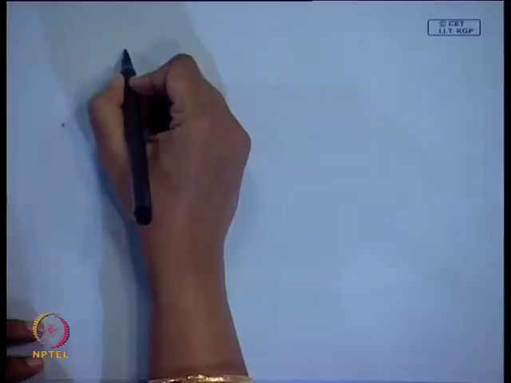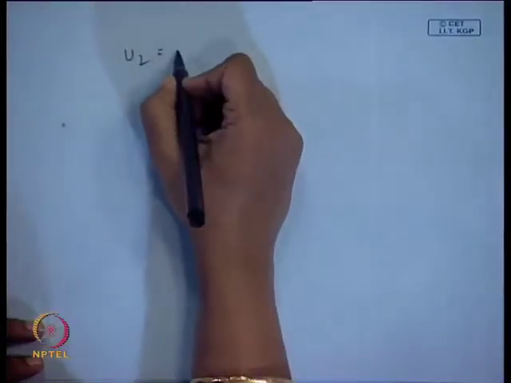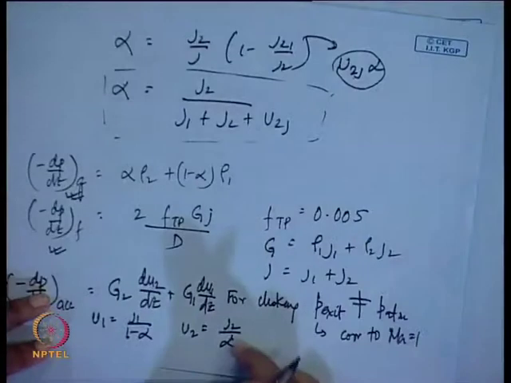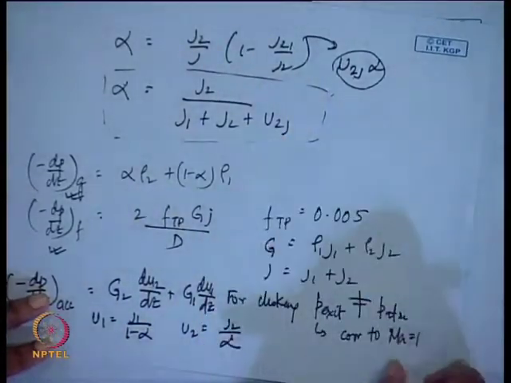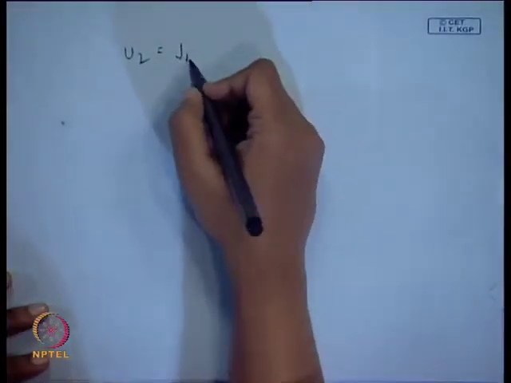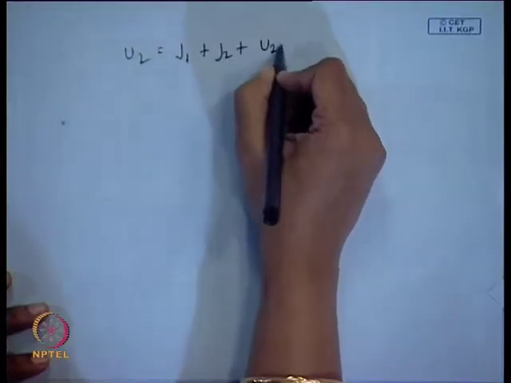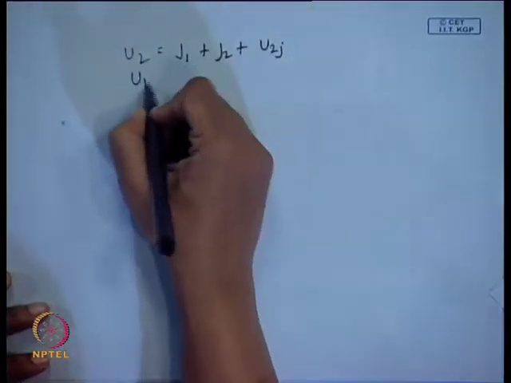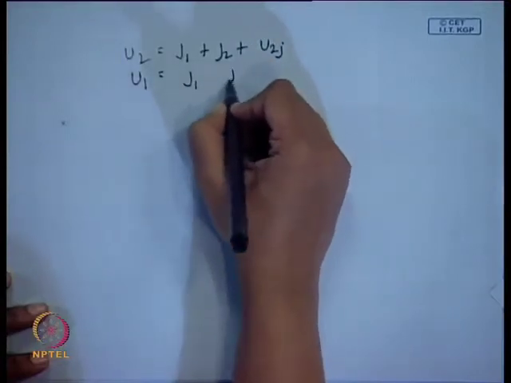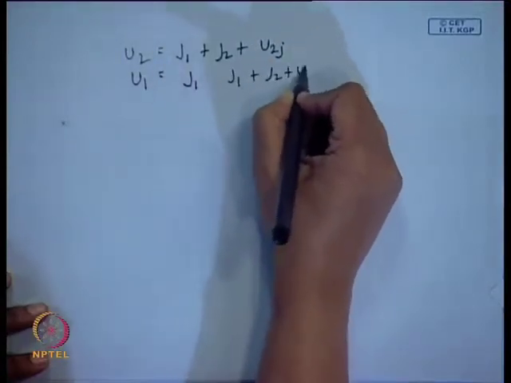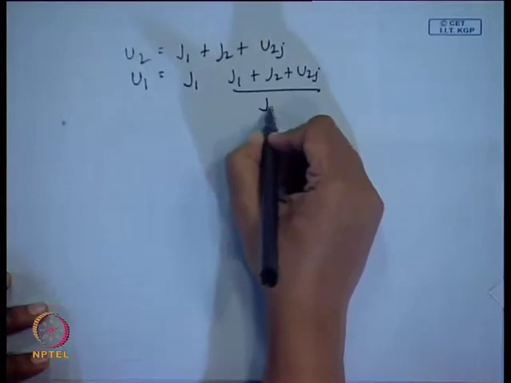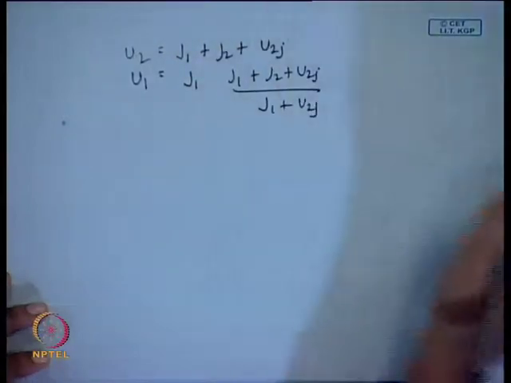Okay. So, then accordingly we find U2 from the substitutions: U2 equals J2 by alpha, and for this alpha we substitute this particular expression. So, we find that U2 is nothing but J1 plus J2 plus U2J. Similarly, U1 is J1 into (J1 plus J2 plus U2J) by (J1 plus U2J).